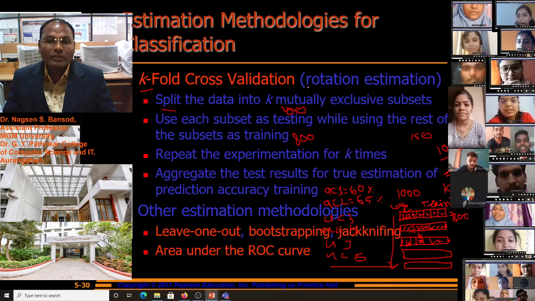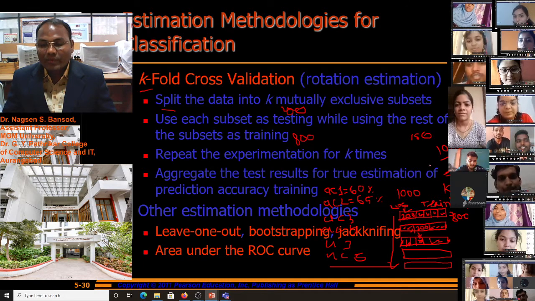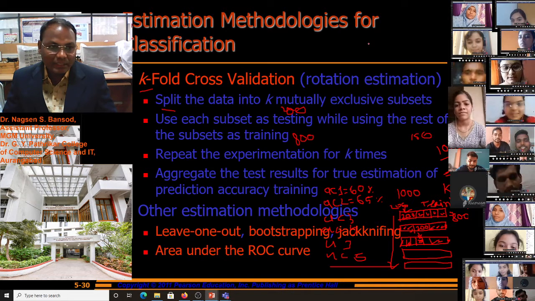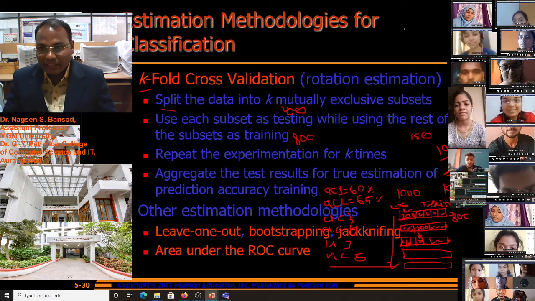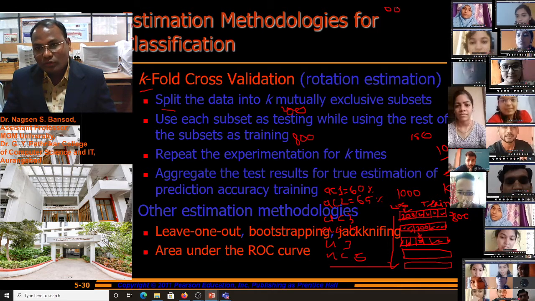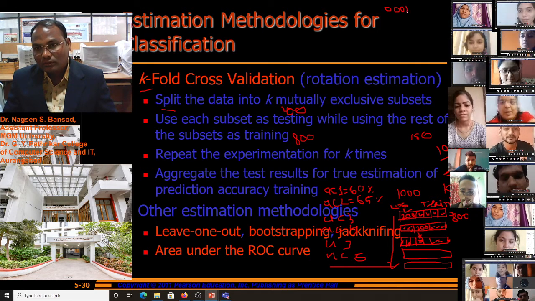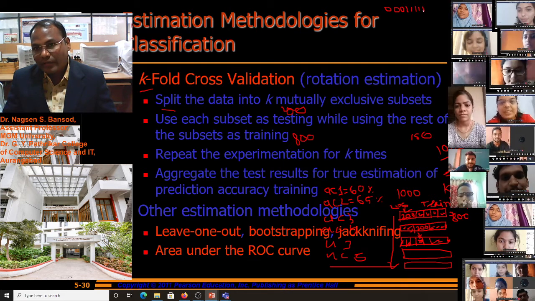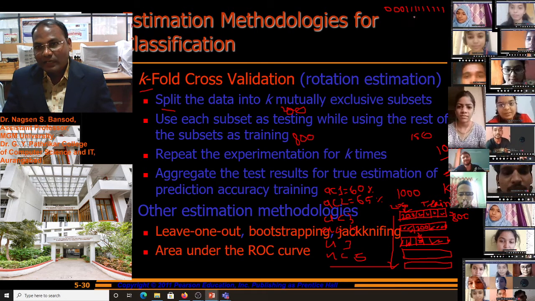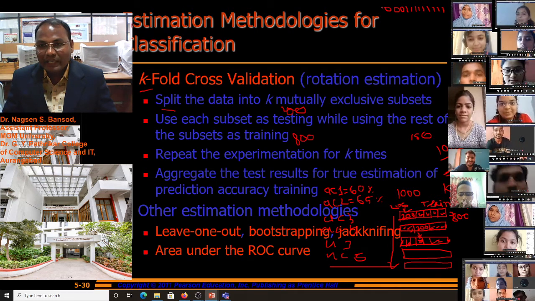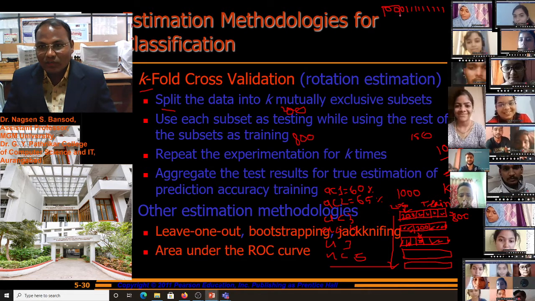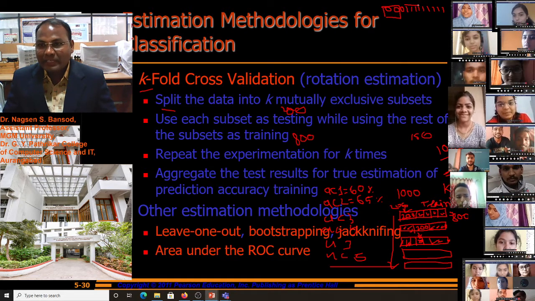There is a drawback of k-fold training. Suppose we are classifying binary data, meaning a collection of zeros and 1s. Suppose we have data like this, and we selected the first fold for testing and the remaining is training.